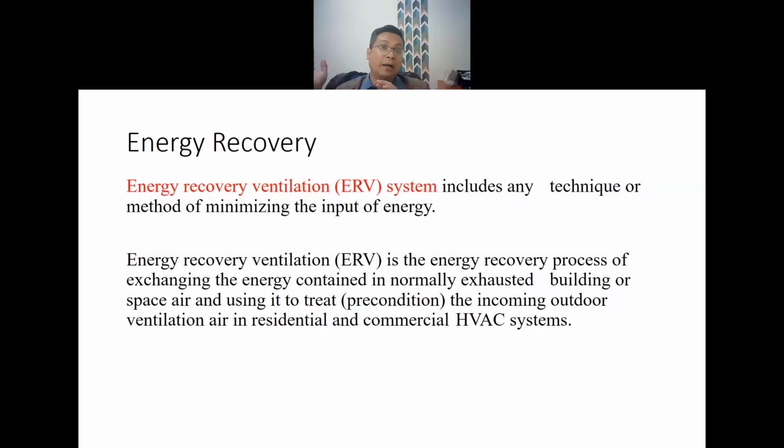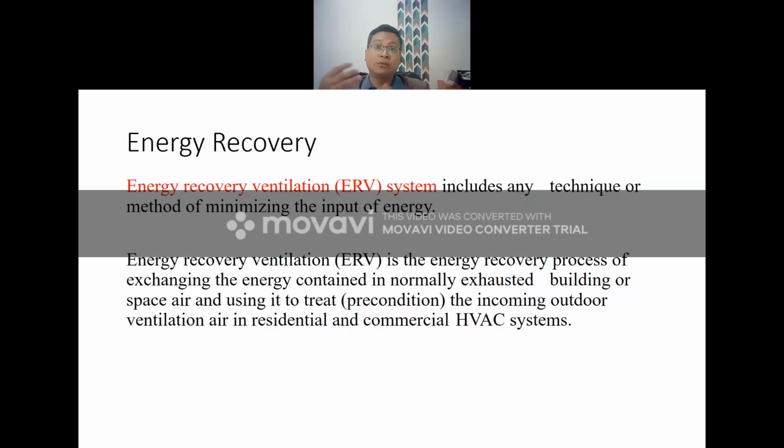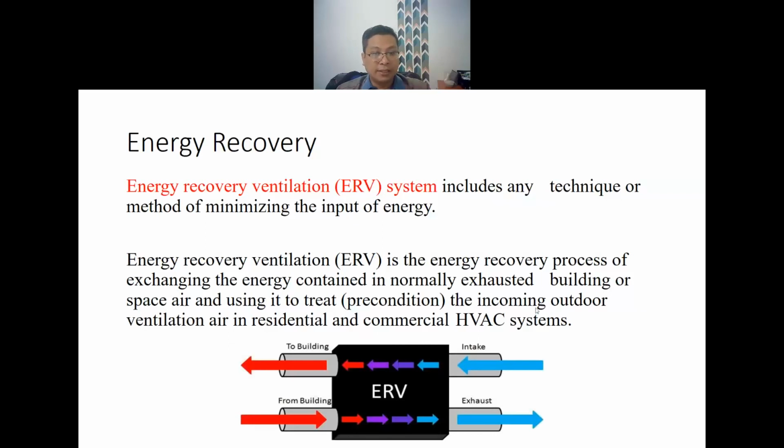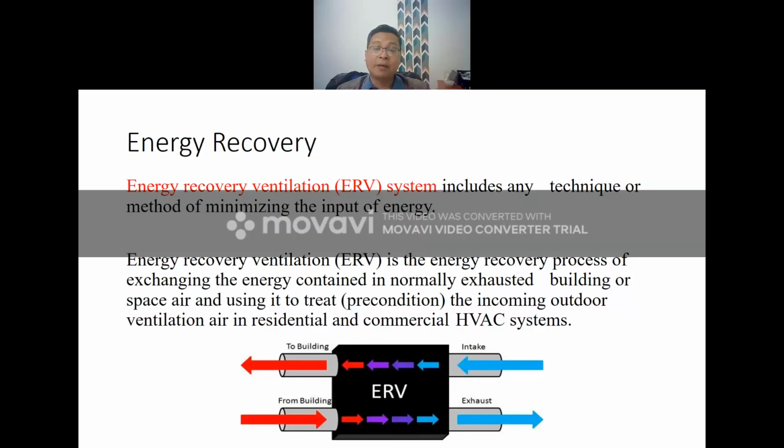Consider if we take air totally from the outdoor. So we can mix it with the return air, and then we try to recover, so that one we can save energy. So in the recovery system, they have one part there. In that part maybe they have certain components inside, like the filter and the humidity part.